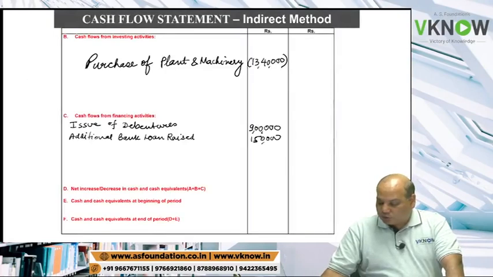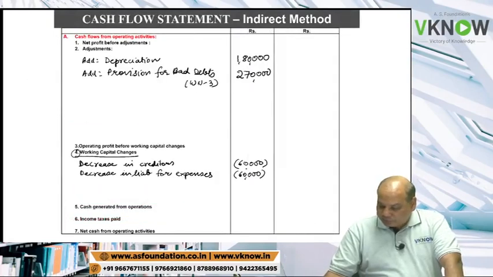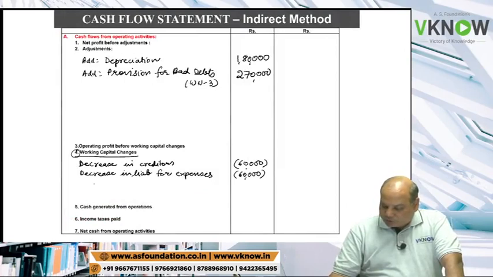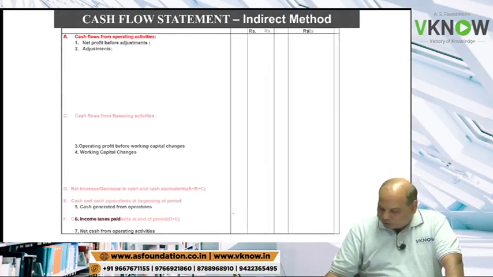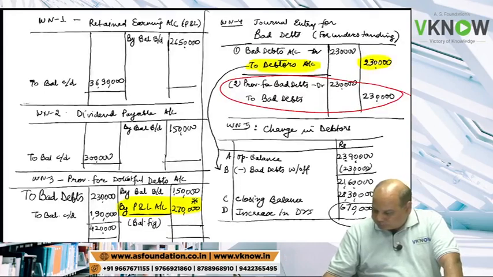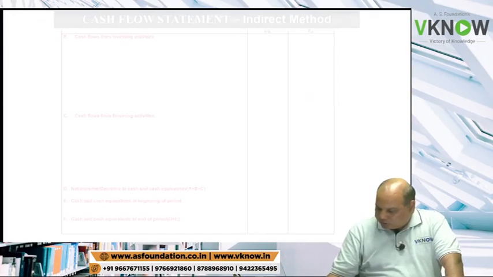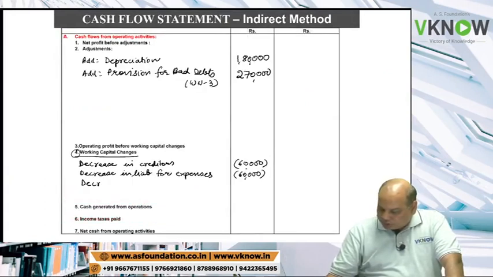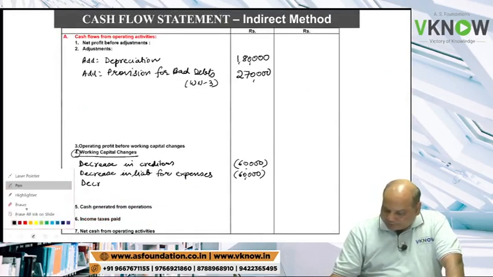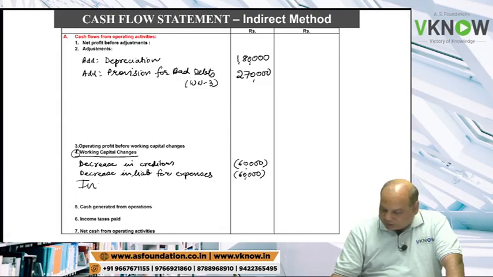So we'll come to operating activity. Working capital changes, point 4. Is that decrease or increase? Let me just check. Increase. Increase in debtor. So write down increase in debtor. Student will guide me.